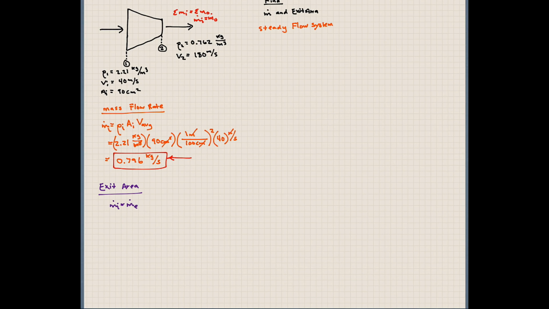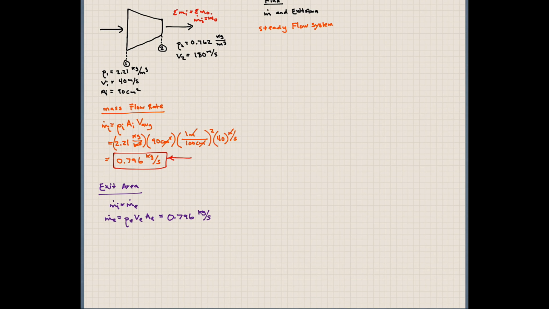And so mass flow rate exit is going to be equal to rho at the exit times V at the exit times A at the exit. And this is all equal to a value that we just calculated, 0.796 kg per second.